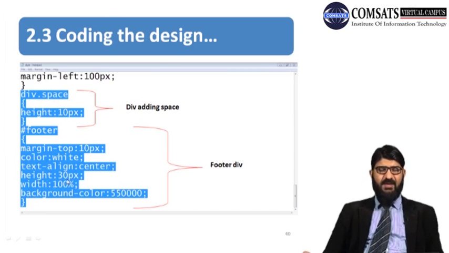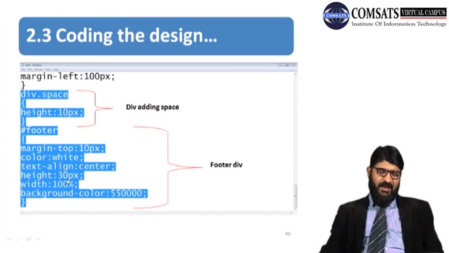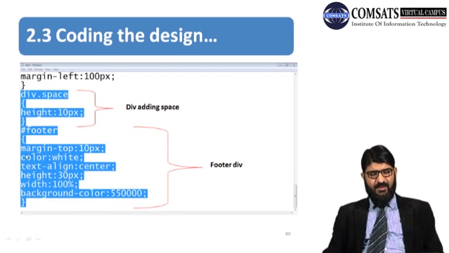And then, very good example over here, height is given as 30 pixel and width is given as 100%, and then background color is given, that is the footer background color. So this is all about the footer div.